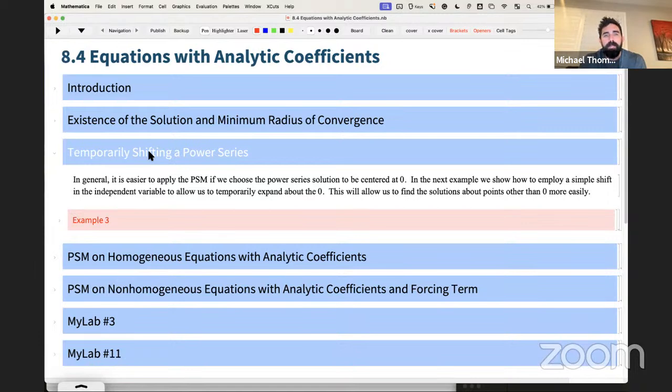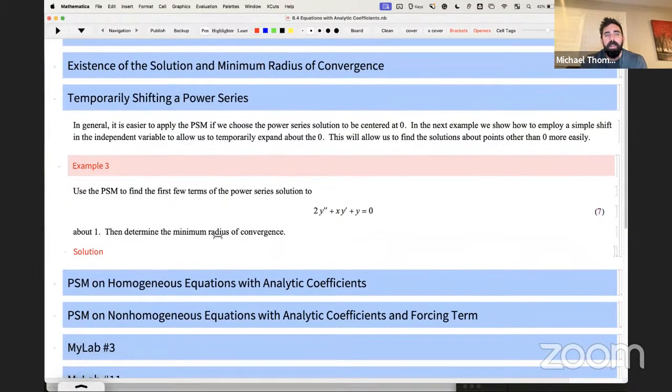But there is a cool technique where you can solve for power series solutions about other points than 0 by temporarily shifting, finding a related problem solved at 0 and then shifting it back. I'll show you how it's done by example.